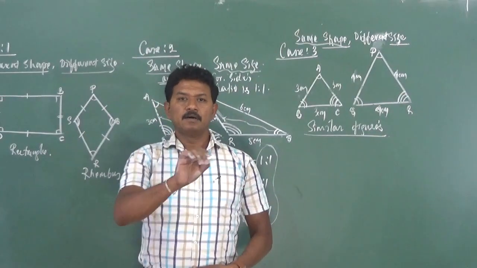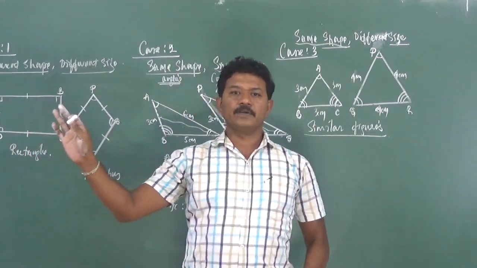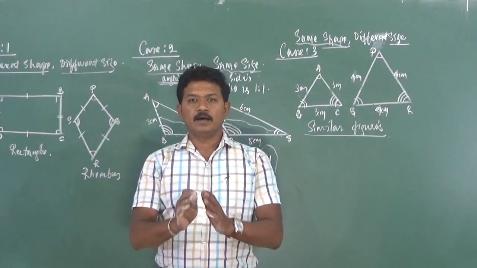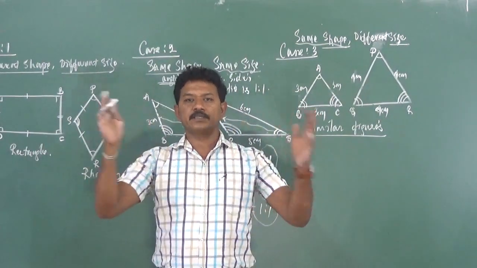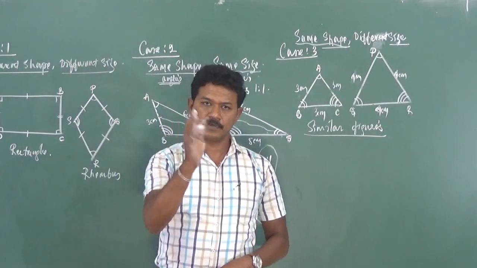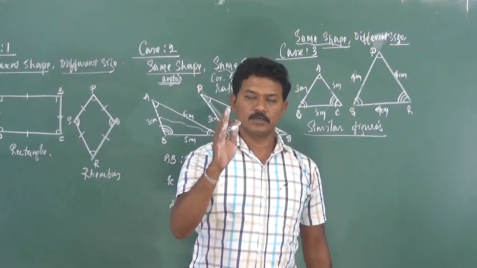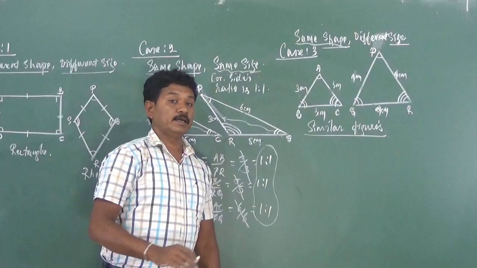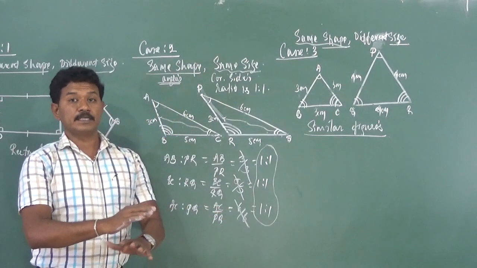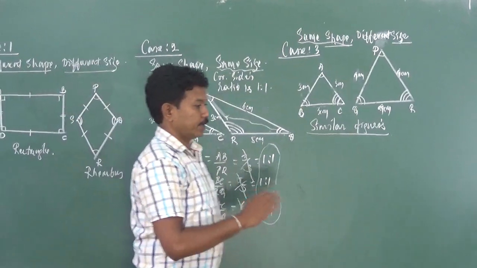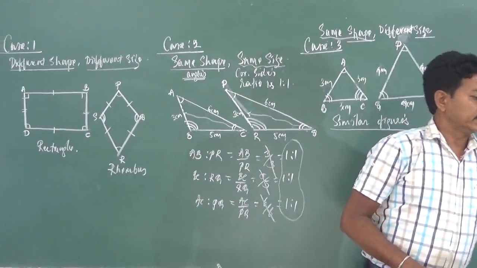So the basic definition for similar figures is that if they have the same shape and different sizes, they are called similar figures. But compulsorily they should have the same shape. Let the sizes be different, no problem. Right? Okay. We'll go with the next concept.